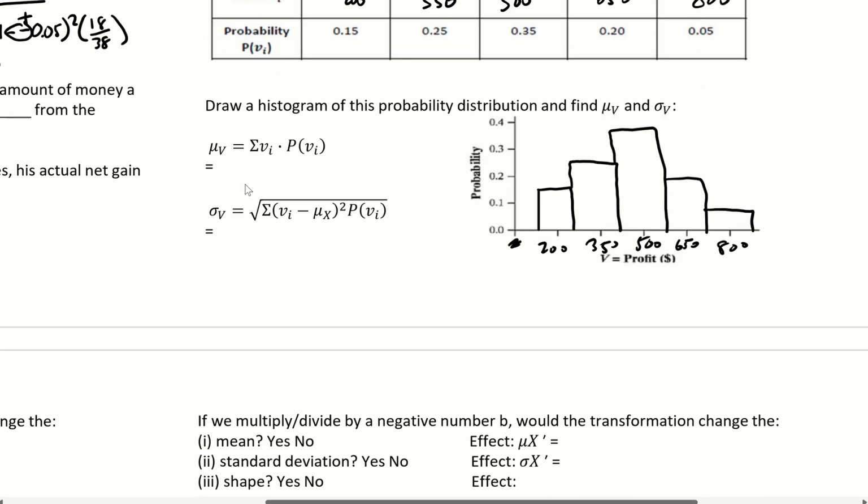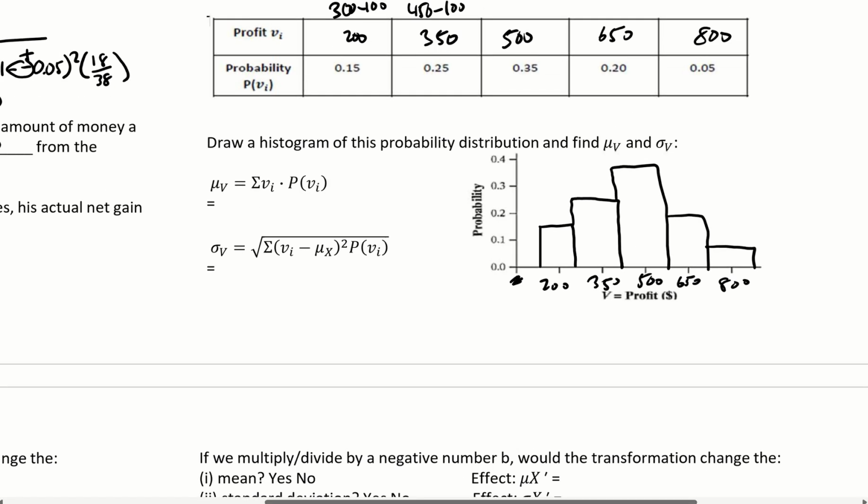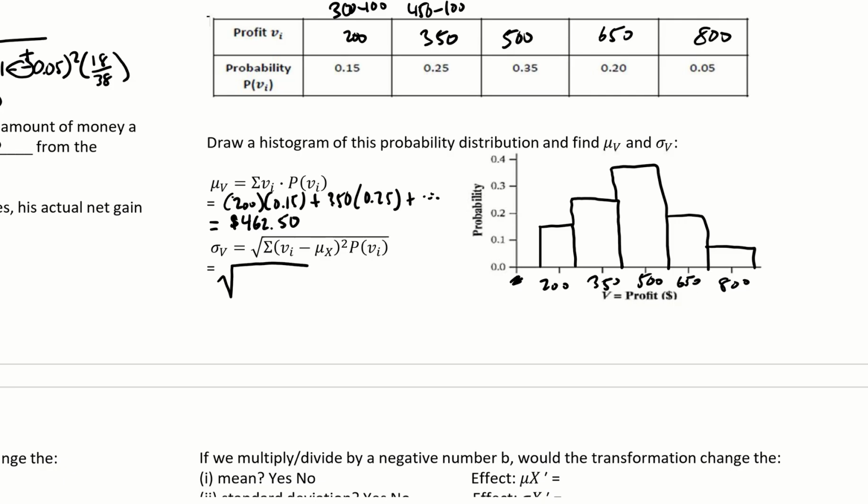Let's do the mean. For the mean, we do the x value times the probability. So the x value 200 times the probability 0.15, plus the next x value times its probability, and so on. If we do that, we get $462.50. We'll show you how to do this on the graphing calculator in just a second, and how to do standard deviation as well. But let's practice the standard deviation.